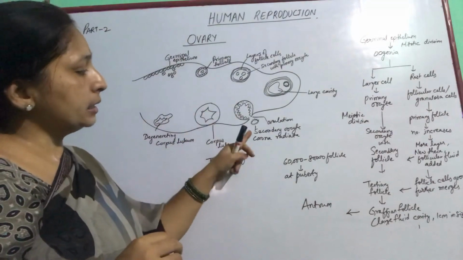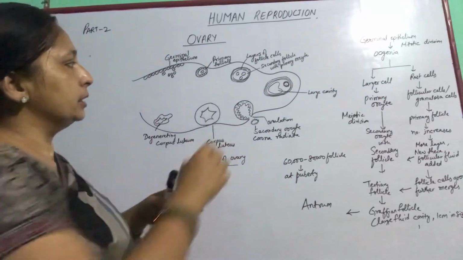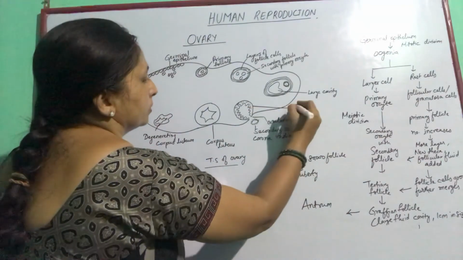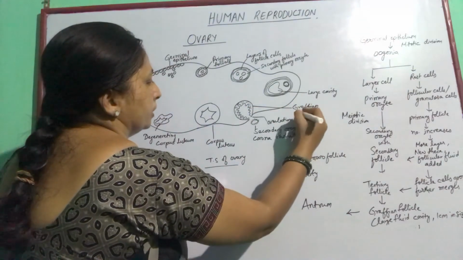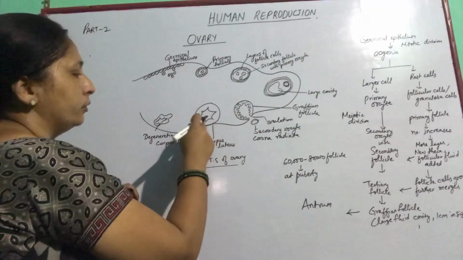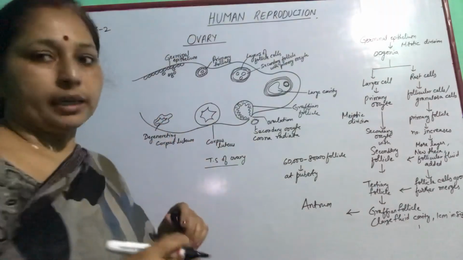After releasing the secondary oocyte during ovulation, the Graafian follicle is termed the corpus luteum, and it degenerates later on.